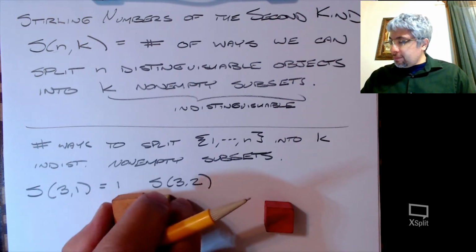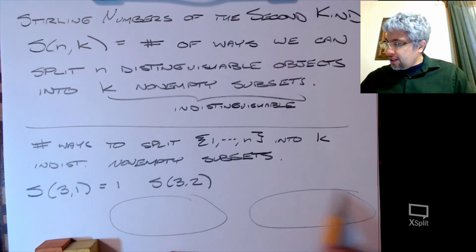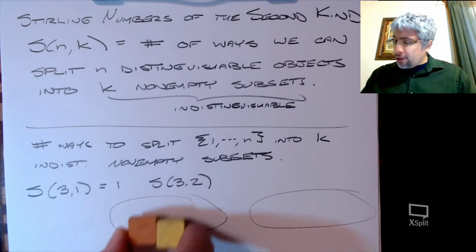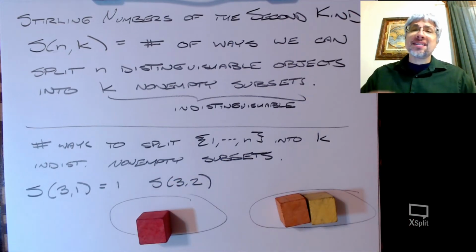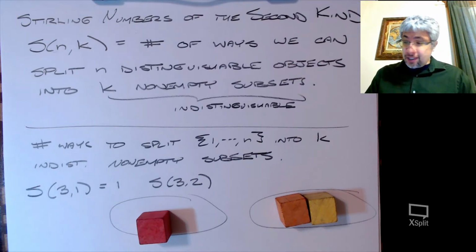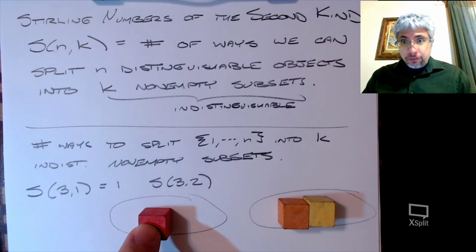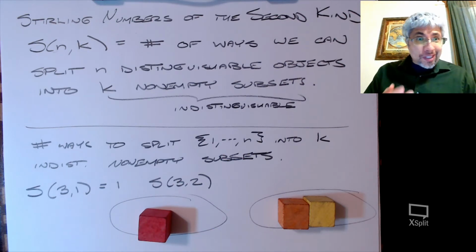I could maybe even make a little blob here, right? But this is not subset 1 and subset 2. They're not labeled. So this counts the same as this. I just want to know the number of ways I can split them into subsets. So what I could do is red by itself, because they have to be non-empty. So one's going to have to get 1 and one's going to have to get 2.